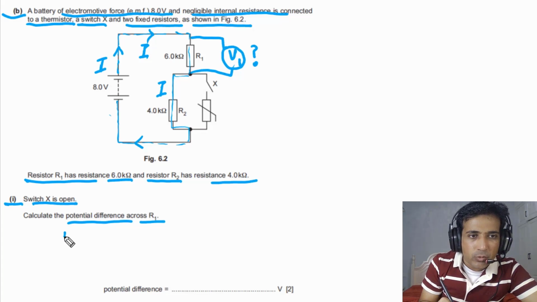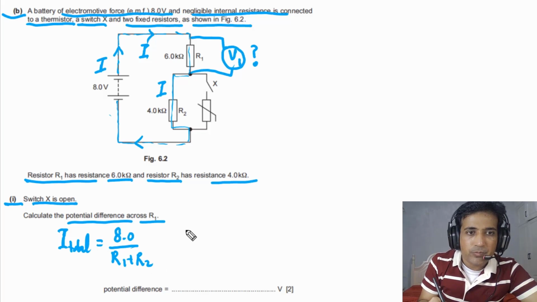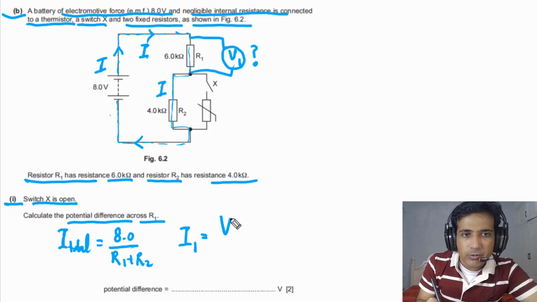So I can write the current passing through the battery, the I total, will be equal to the potential difference across the battery divided by the total resistance, meaning R1 plus R2. And the current passing through resistor 1, I1, will be equal to V1 divided by R1.